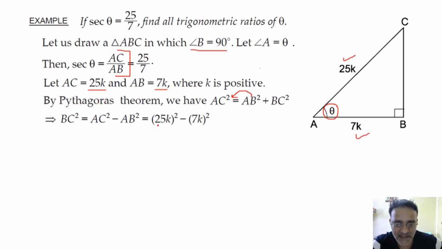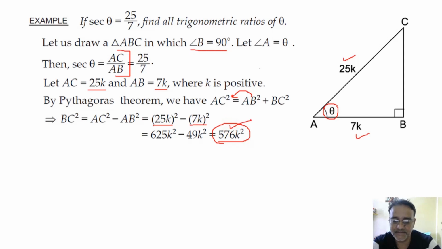Now substitute AC and AB. So 625k square minus 49k square, we are getting 576k square. So what is the square root of this one? 24k. Right, very good. So BC we got 24k.